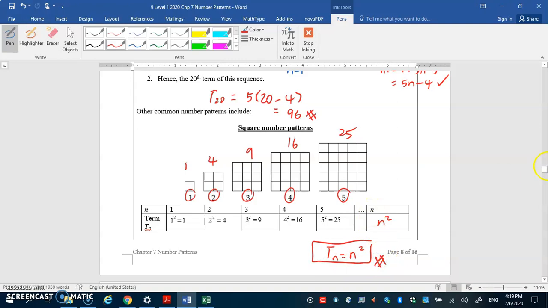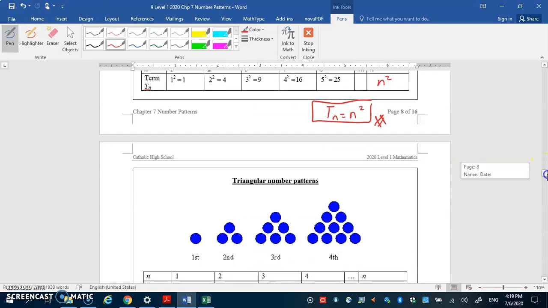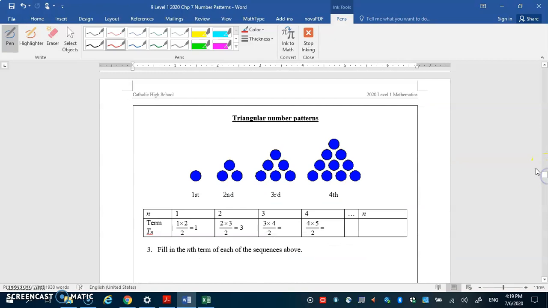Very good. Moving on to the next page. Let's look at the triangular number pattern. Alright. So, in the first term, we have 1 circle. Second term, we have 3. Third term, we have 6. Fourth term, we have 10 circles.